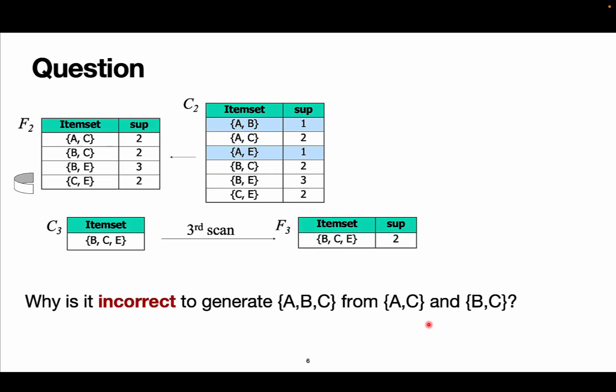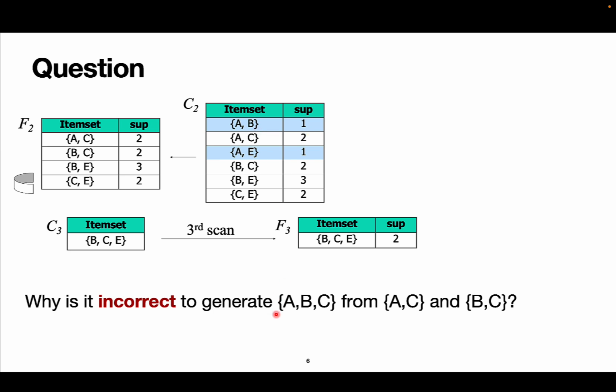Let's go back to the question, why is it incorrect to generate ABC from AC and BC? They shared a suffix but not a prefix. If you pay attention to candidate item sets of size 2, you are going to see that AB has support 1, which doesn't meet the minimum support.